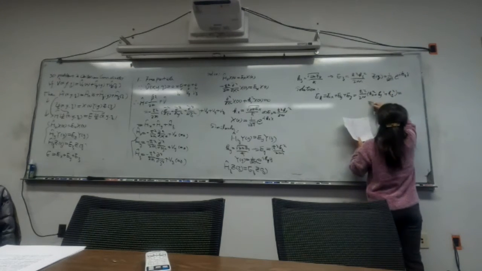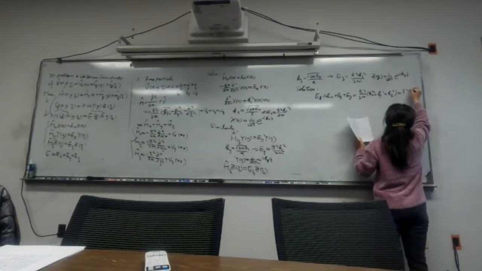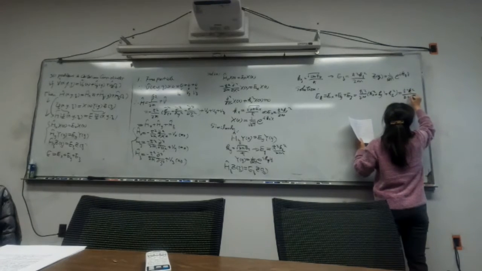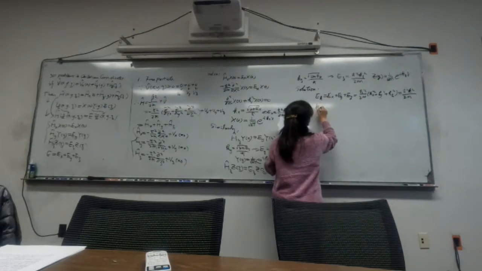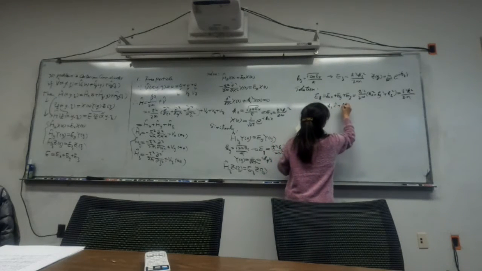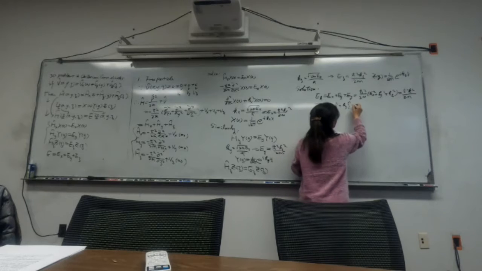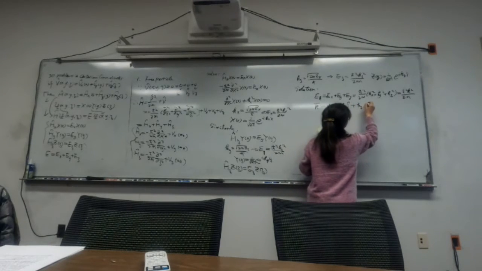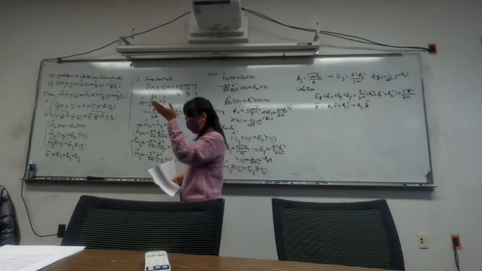If we define this as k², so here we introduce the vector k, which is k_x, k_y, and k_z, the wave vector.